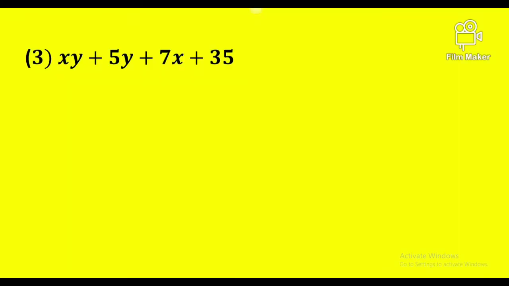Mahmoud, what is the common factor here for the first two terms? Great job. Y is a common factor. And here, what is the common factor? The common factor here is 7. So, when I take y as a common factor, the remainder will be x plus 5.